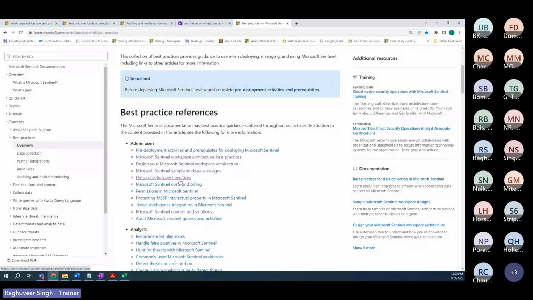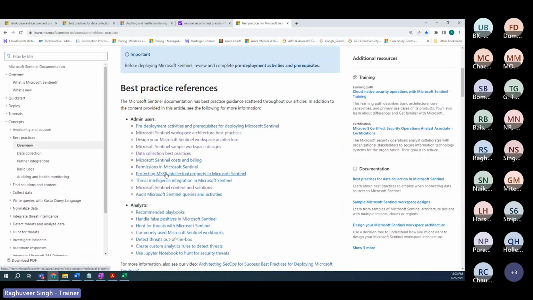single workspace architecture. After I'm done with configuring all the data collection, which is my connectors and individual collection that I'm doing through Azure Monitor Agent, like diagnostic logs and data connectors. I'm also well aware of the cost and billing now because I've shown you how Sentinel is billed. Now comes permissions. I've also shown you the Sentinel RBAC.